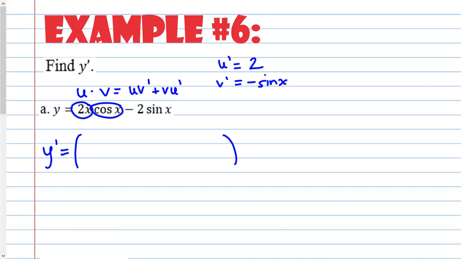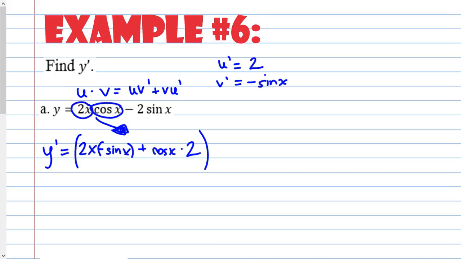So u is 2x times v prime, which is negative sine x, plus v, which is cosine x, times u prime, which is 2. Let me make it a little smaller. So that right there is just the derivative of this.